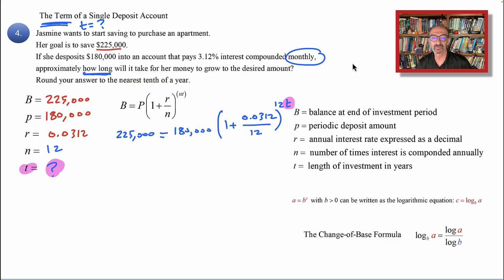To reach our T, we need to use the logs of the 2 formulas written on the right side. First step, we divide both sides by $180,000. So we need to clean it up first before we move on.